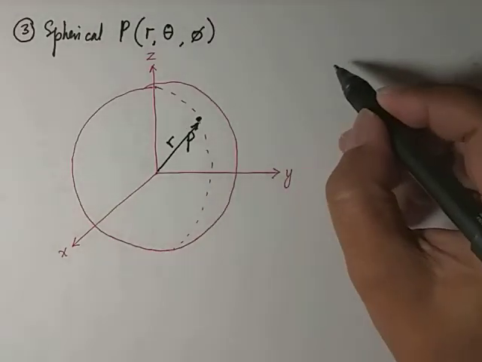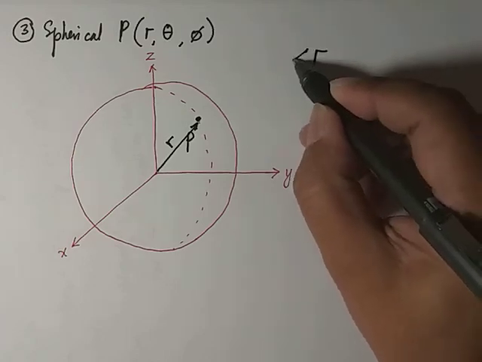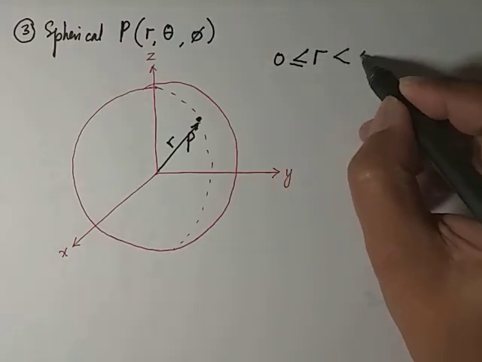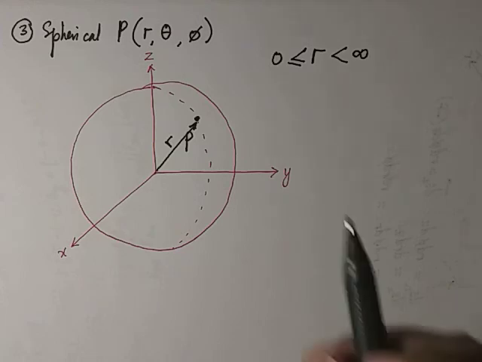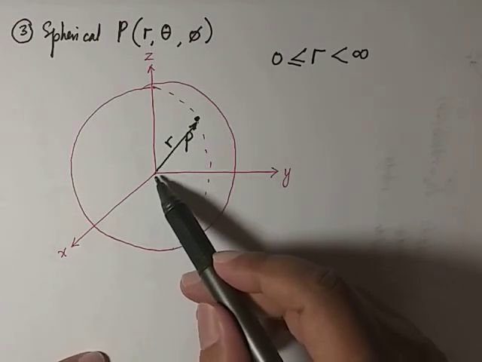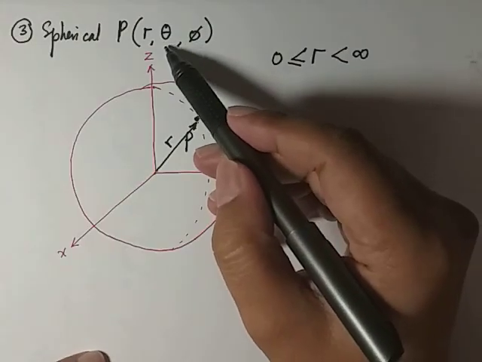Therefore, as you can see from this diagram, the r range must be from 0 up to infinity. Okay, r cannot have a negative value. If r equals 0, meaning that the point P is located where? Yes, at the origin.